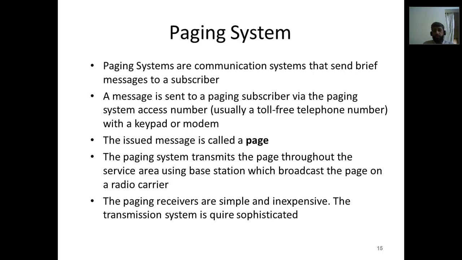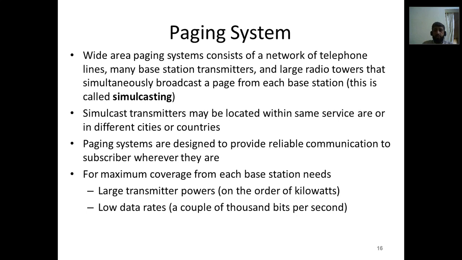Generally these paging receivers are simple and inexpensive, but the transmission systems are relatively costlier and more sophisticated, because the intent of the paging system is to transmit information over a larger area and send that information simultaneously to many subscribers.